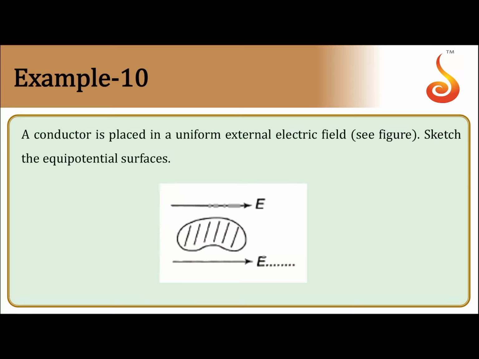So now a conductor is placed in a uniform external field. Sketch the equipotential surfaces. Conductor. So field lines is like this.